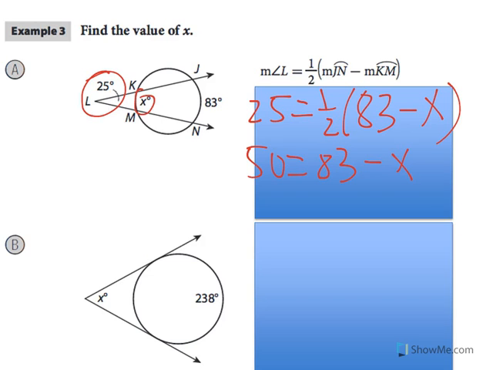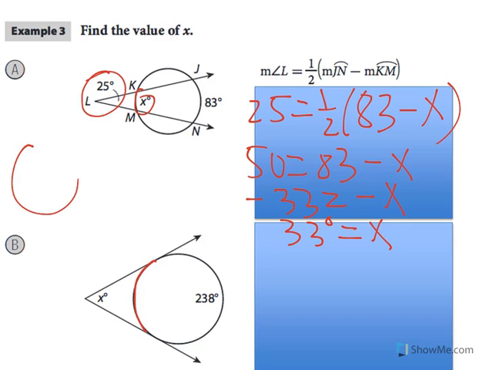Subtract 83 from both sides, so we have negative 33 equals negative x. Divide by negative, so 33 degrees gives us our x.